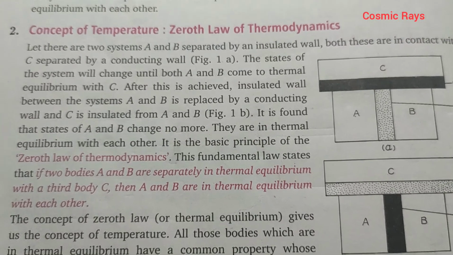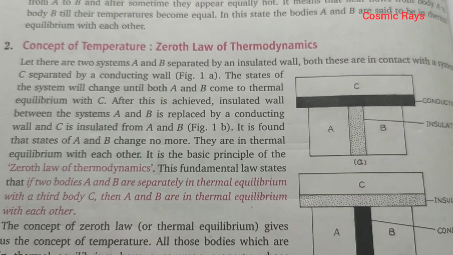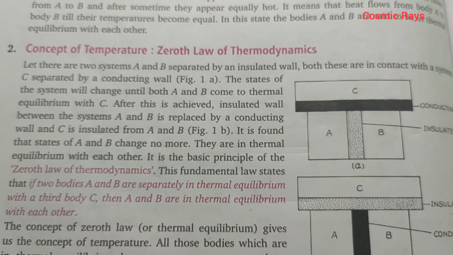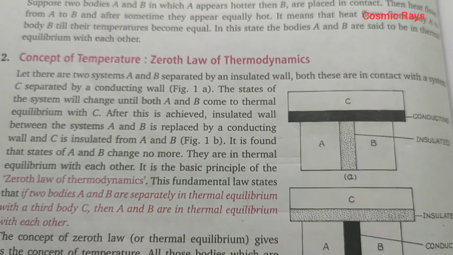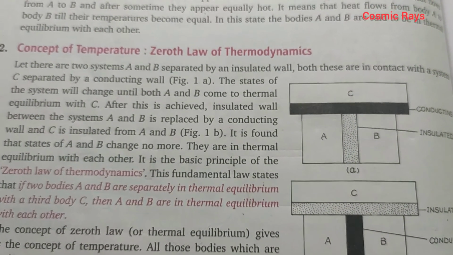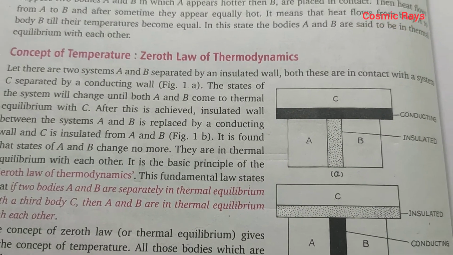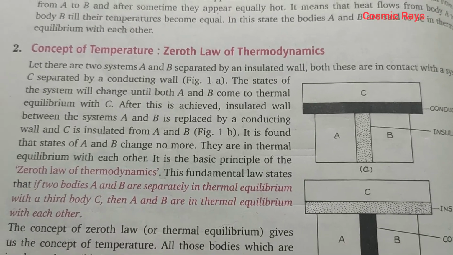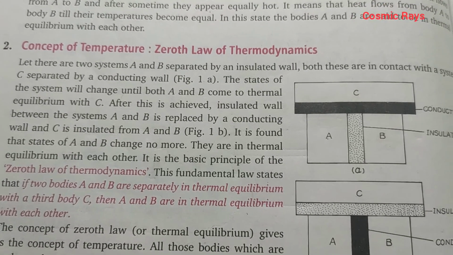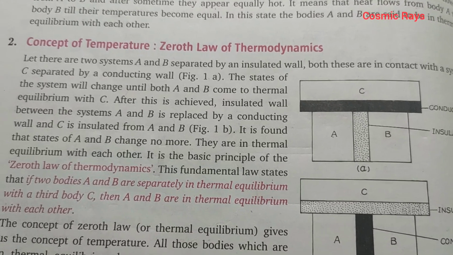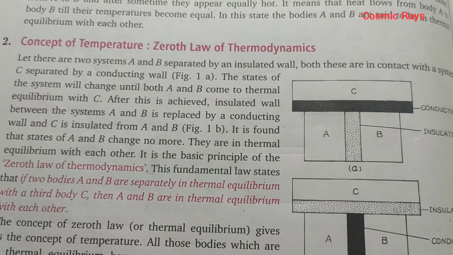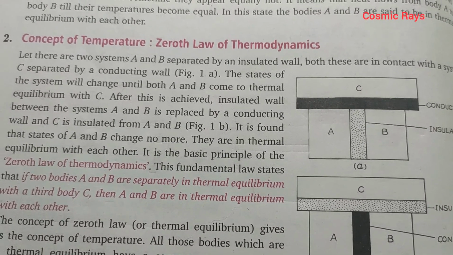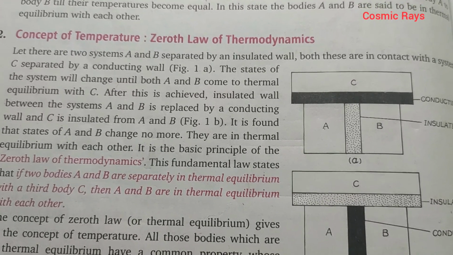So this is the Zeroth Law of thermodynamics, which talks about the entity called temperature. So we define temperature based on the Zeroth Law as that property of a body which will tell us whether the bodies are in thermal equilibrium with one another or not.